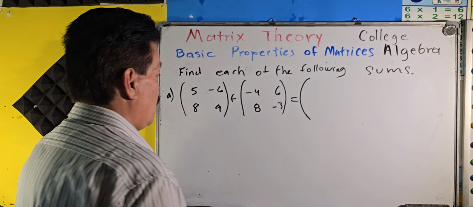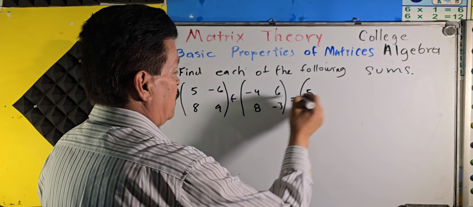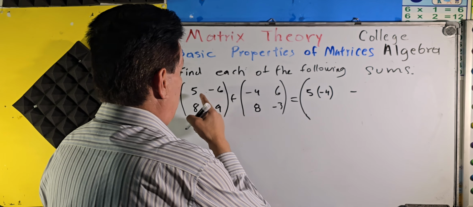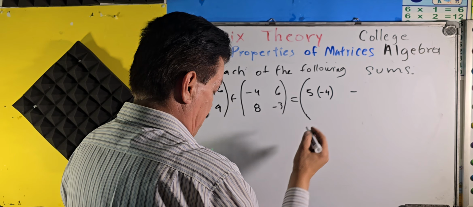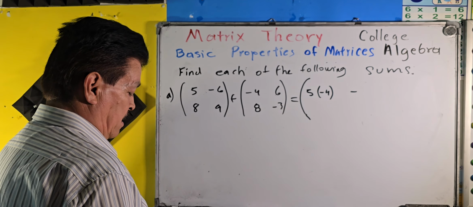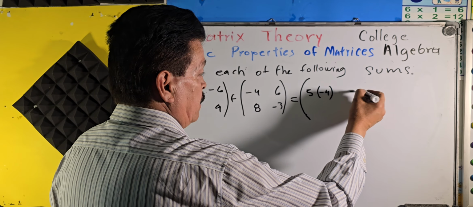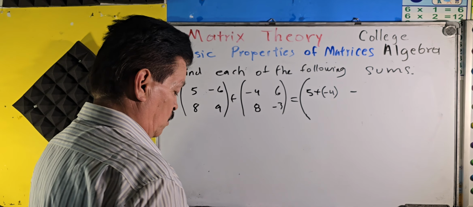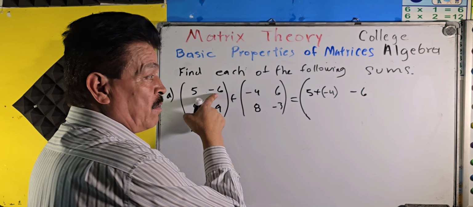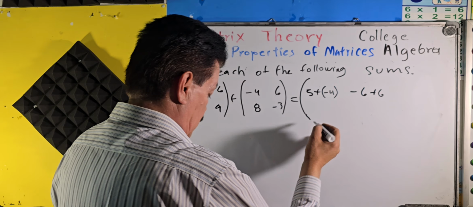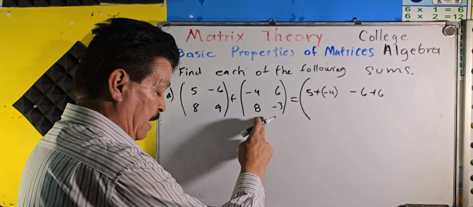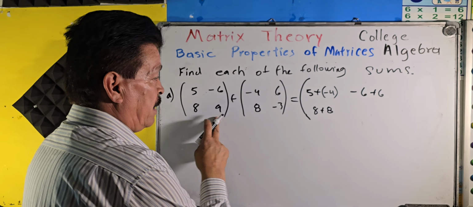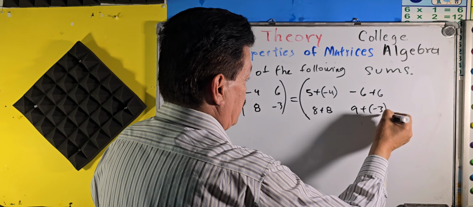We start with this 5 and -4 right here. Not times, we add, so 5 plus -4. Then -6 plus 6, and then next we have 8 plus 8, and the other, the second one, 9 plus -3, right?